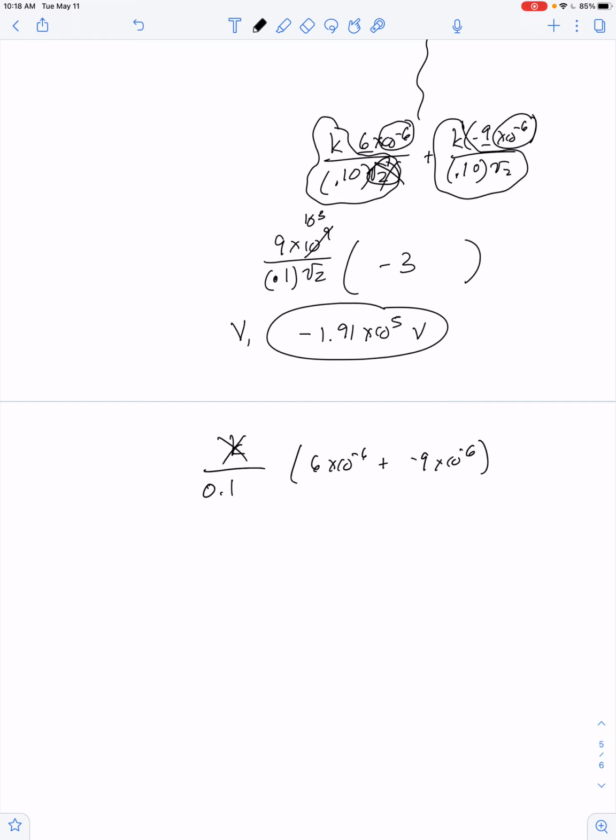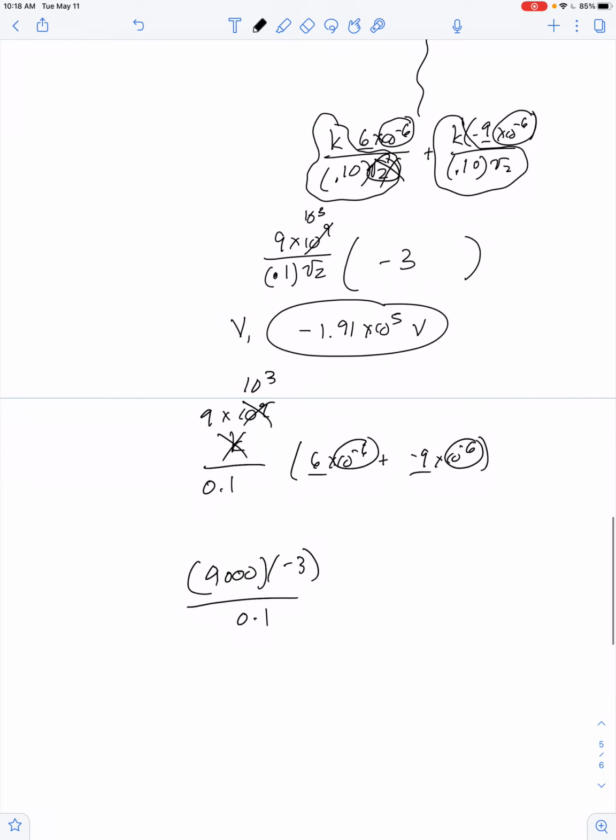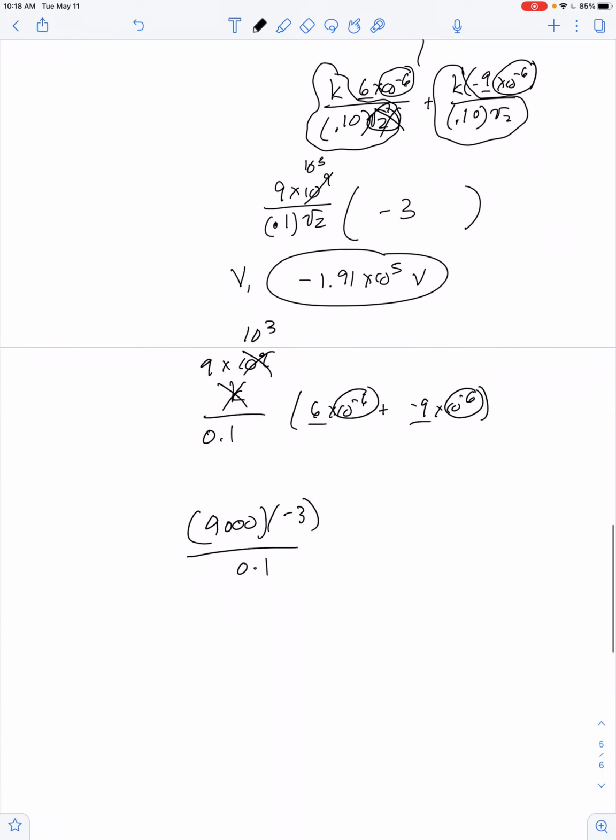So again, k is 9 times 10 to the 9th. I can factor out the 10 to the negative 6, so change that to 10 to the 3rd. 6 combined with negative 9 is negative 3. So this is 9,000 times negative 3 divided by 0.1. We don't need a calculator for this one, right? That would be negative 270,000. In other words, negative 2.7 times 10 to the 5th.